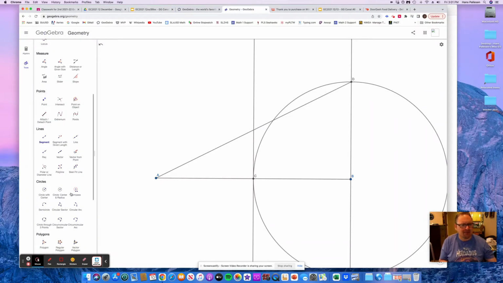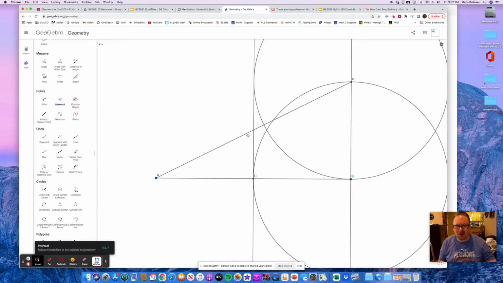We'll put the compass on D, measure B, put that circle on D. Where that intersects AD, that intersection we're going to call F. There you go.